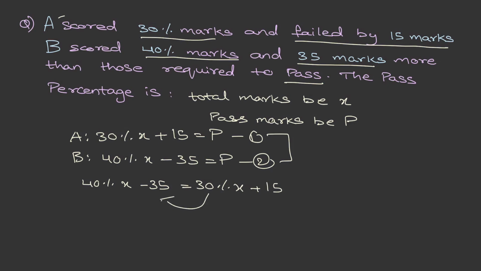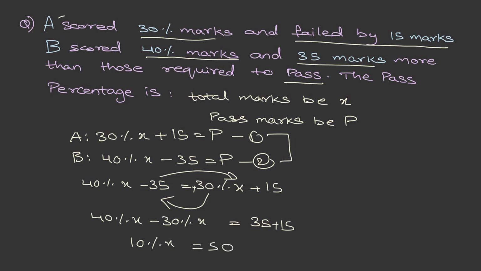Let's shift this side and minus 35 this side. So this is plus. If it comes here, it becomes 40% X minus 30% X is equals to 35 plus 15. So 10% of X is equals to 50.